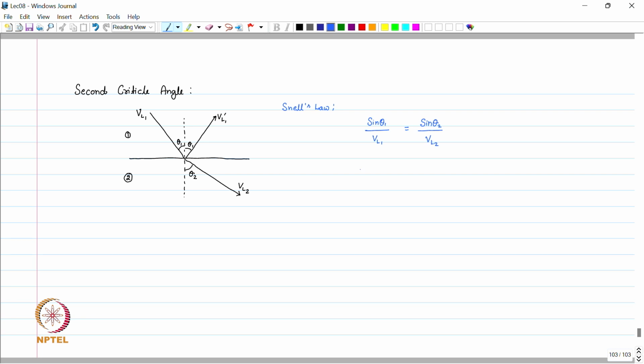Here VL1 is the longitudinal wave velocity in material 1 and VL2 is the longitudinal wave velocity in material 2.